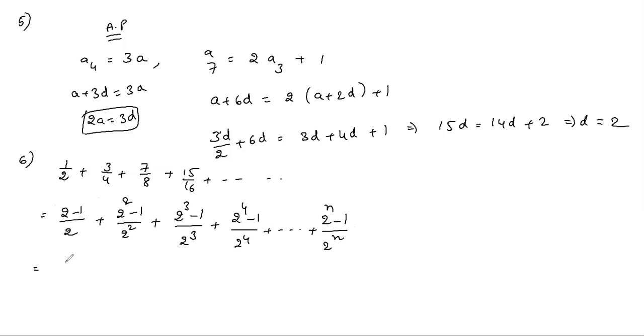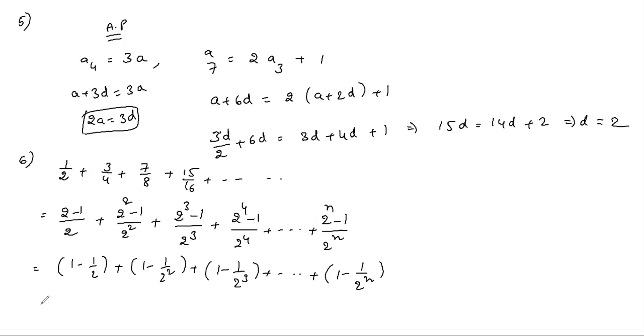So by splitting: 1 minus 1 by 2 plus 1 minus 1 by 2 square plus 1 minus 1 by 2 cube plus and so on plus 1 minus 1 by 2 power n. The first all ones, 1 plus 1 plus 1, n terms, so n. Minus of 1 by 2, 1 by 2 square, 1 by 2 cube and so on.